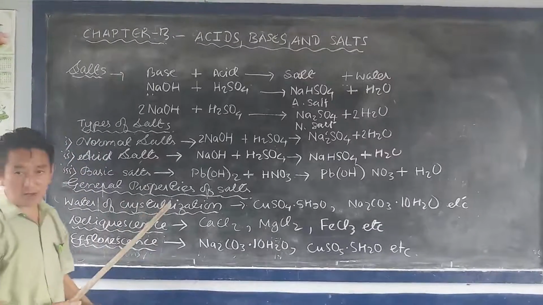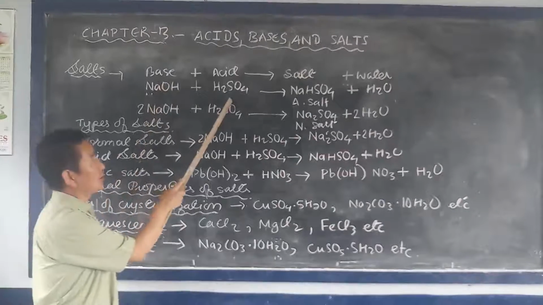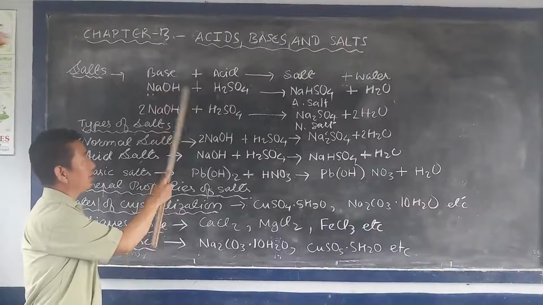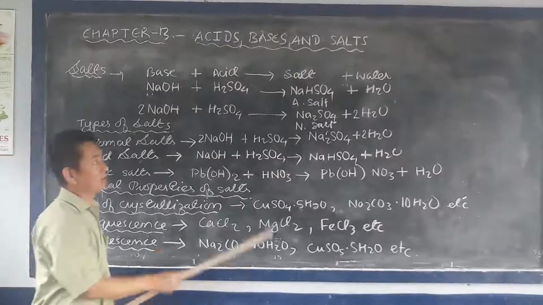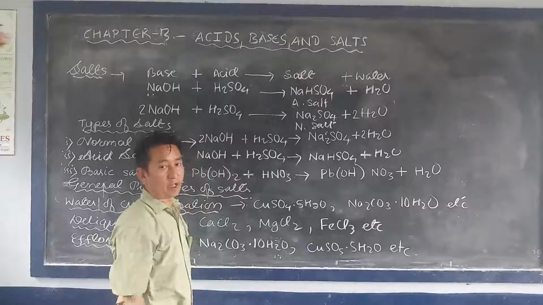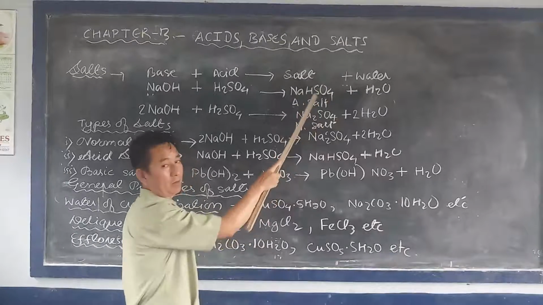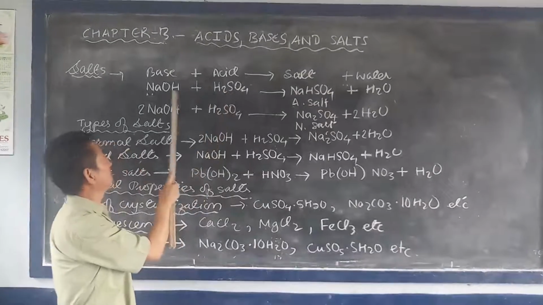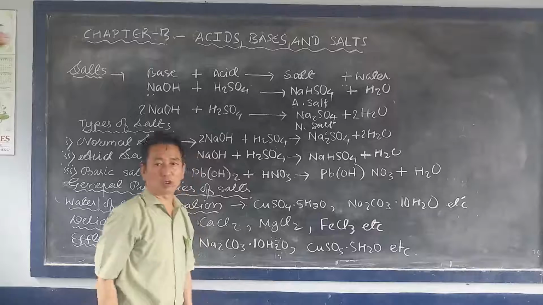As you can see here, for example, sodium hydroxide is a base and sulfuric acid is an acid. When they partially neutralize each other, they give sodium hydrogen sulfate, which is an acidic salt. This acidic salt is formed by the partial neutralization of sulfuric acid by sodium hydroxide, and another product is water molecule.